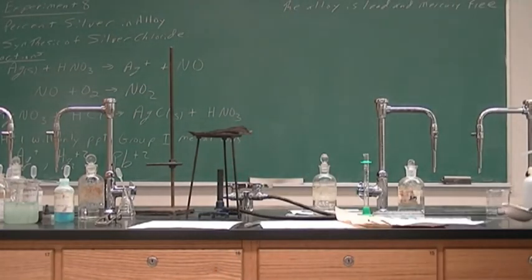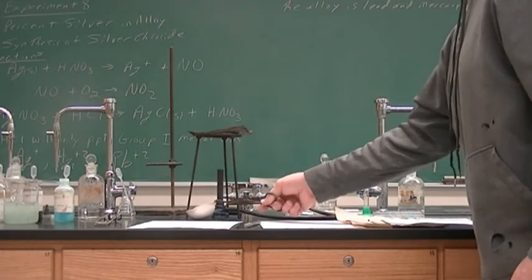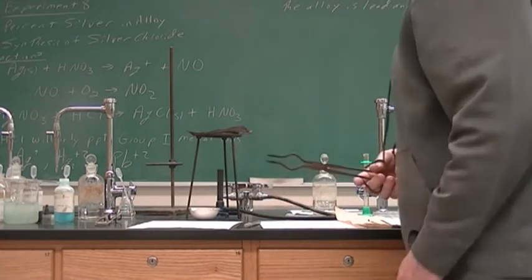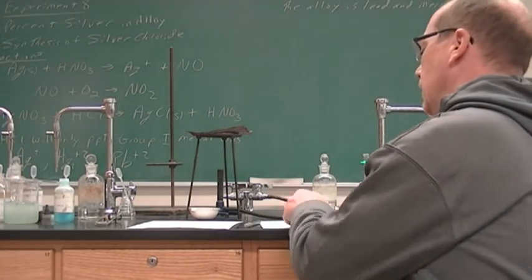I don't want to heat it too much, but I want to make sure that it is dry. All right, so we will wait for that to cool off a bit, get a mass, and then we are done.